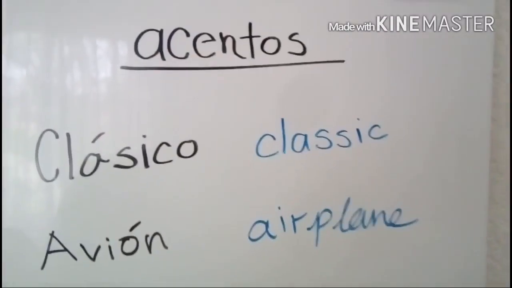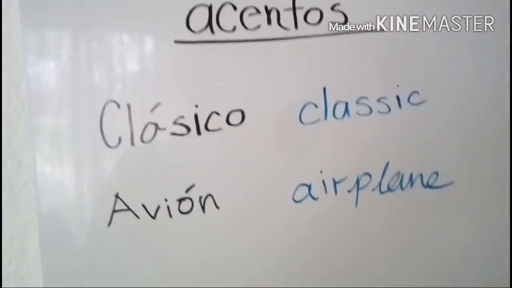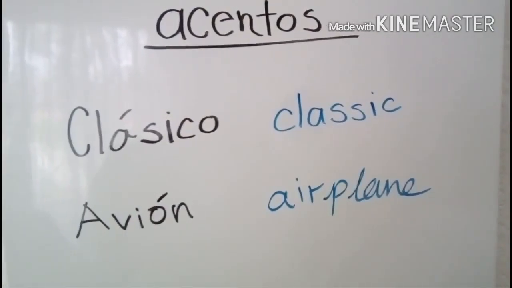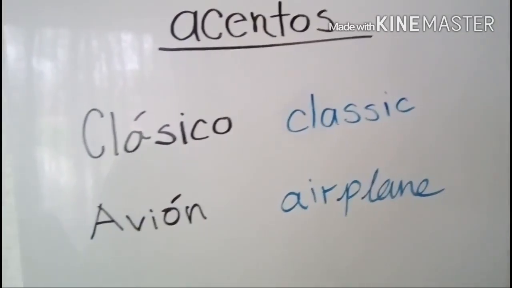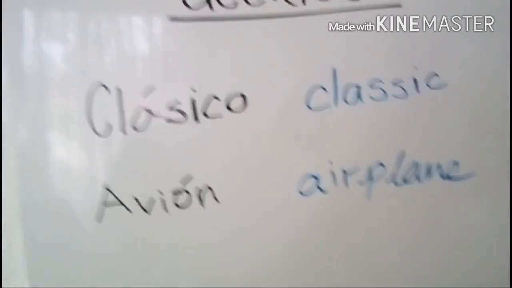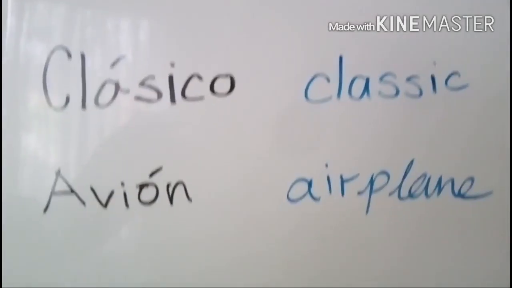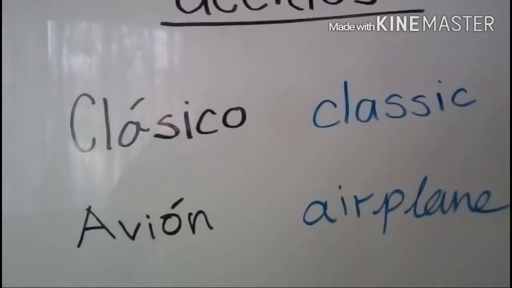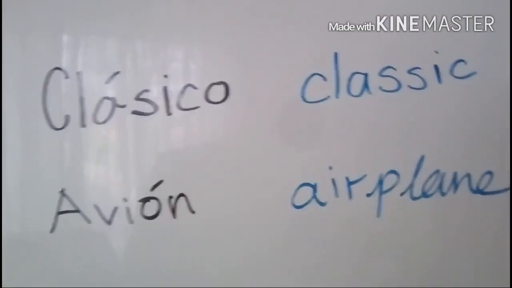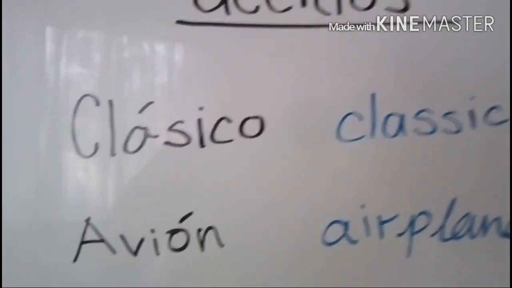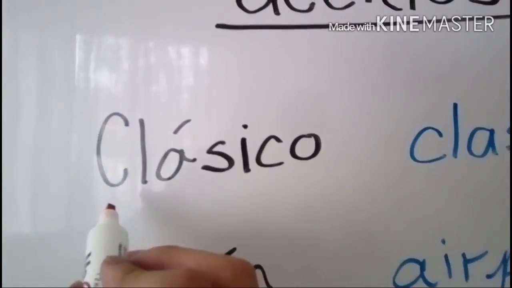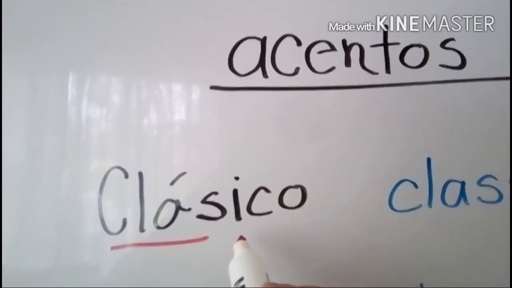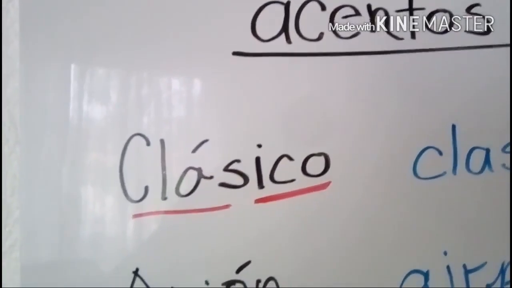So now we have this pair of words, clásico, which means classic, and avión, which means airplane. Notice that we have these words with this accent. In clásico we have the first syllable, clá, and then sico.